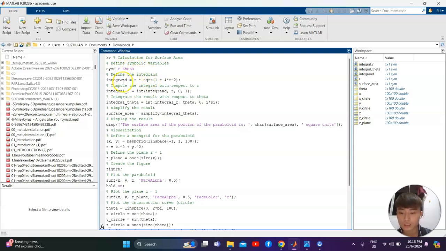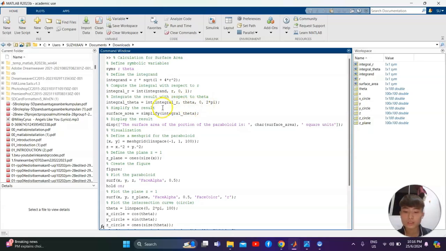Now this is the integrand, r multiplied by the square root of 1 plus 4 r power of 2. This is the question given, and now we need to integrate with respect to r.